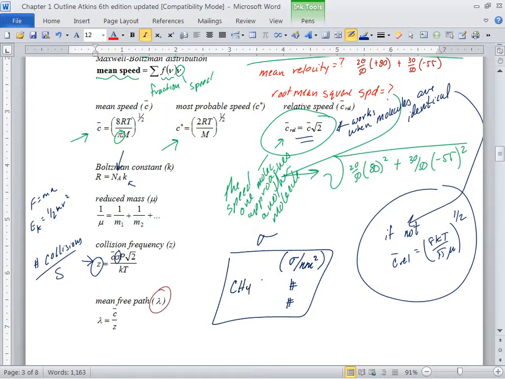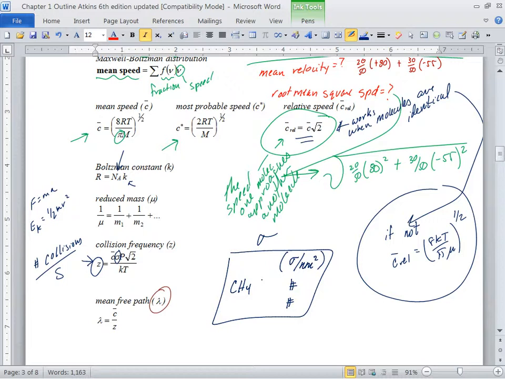He does this all the time, and it's kind of nice once you get used to it. This is your table of all your sigma values, cross-sections. But they're all in units of what? Nanometer squared. That's what he does. So it doesn't mean that these are in units of per nanometer squared or anything like that. This is just his way of saying sigma, and it's in units of nanometer squared.